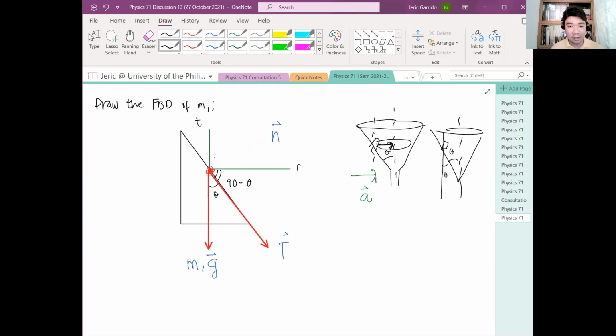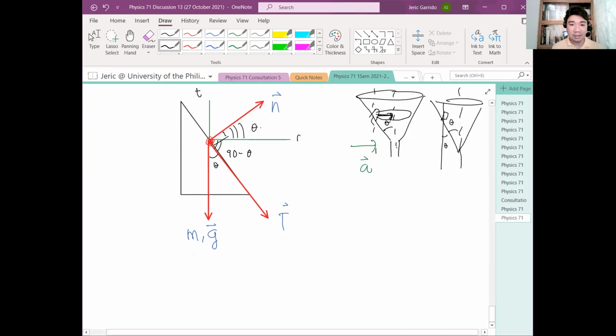This will form 90 degrees again, and so this angle here is also theta, because the n vector, the normal force, is perpendicular to the surface of the funnel. So this is theta, and this is also theta. However, t here is 90 minus theta. It's complementary. Now, from there, I can set up the equation of motion.